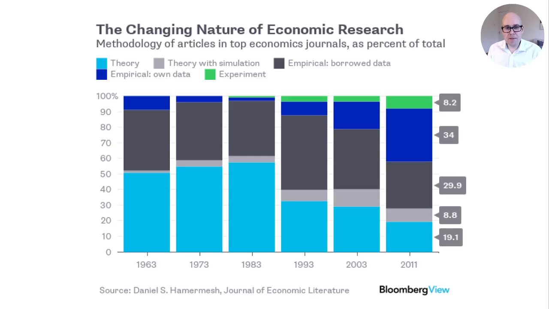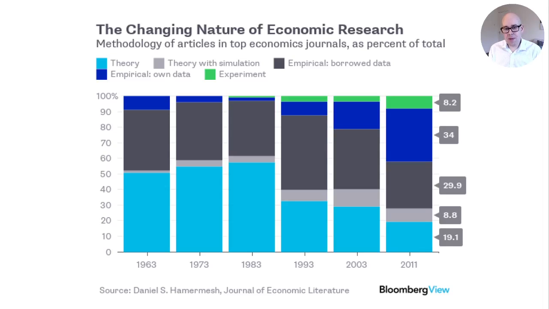To show you a little bit of evidence supporting this, what you see here is a figure taken from a publication by Dan Hammermesh in the Journal of Economic Literature that was visualized by Bloomberg View. And what you see here is how economic research has changed over time.